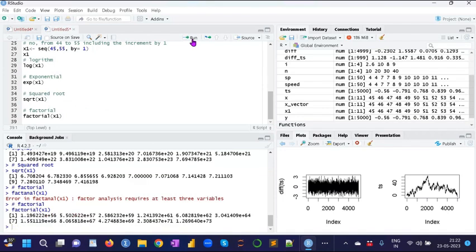Sometimes there is a spelling mistake. So this is the factorial variable.